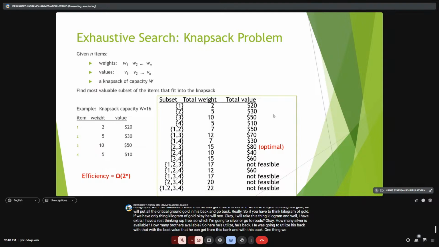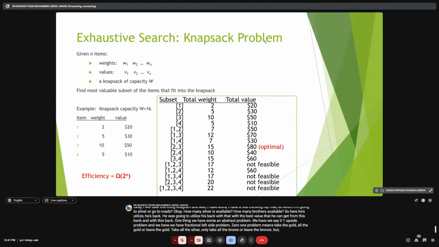One thing: we have some kinds of knapsack problem. We have the 0-1 knapsack problem and the fractional knapsack problem. The 0-1 problem means take all the gold or leave the gold, take all the silver or leave the silver, take all the bronze or leave the bronze.